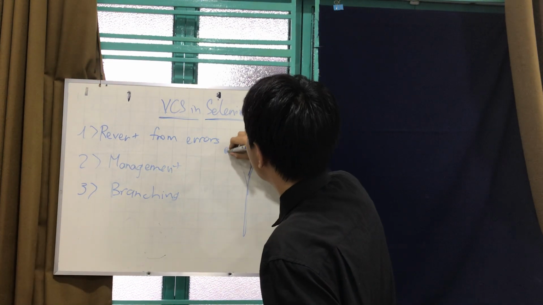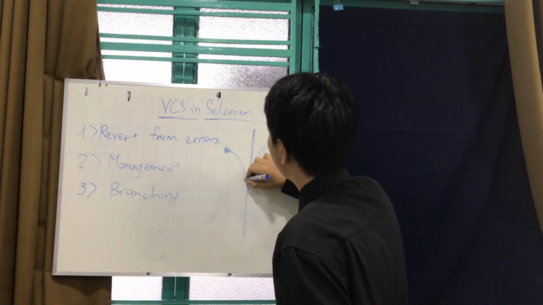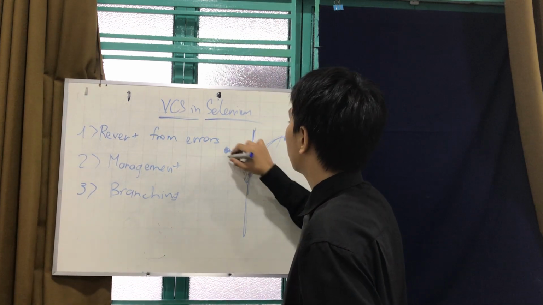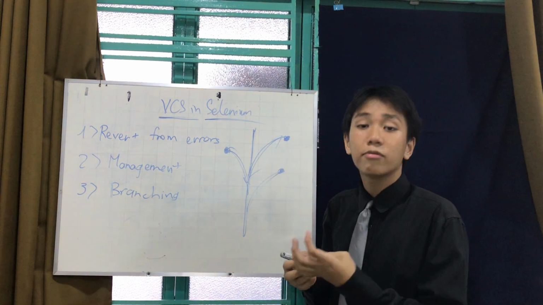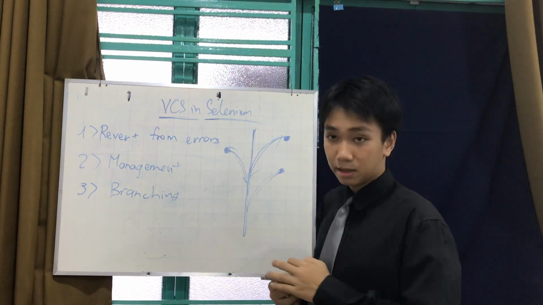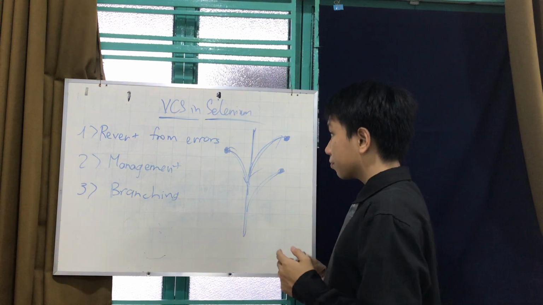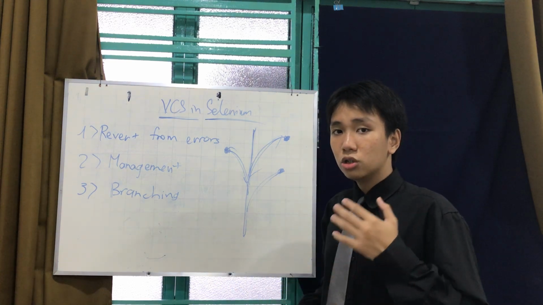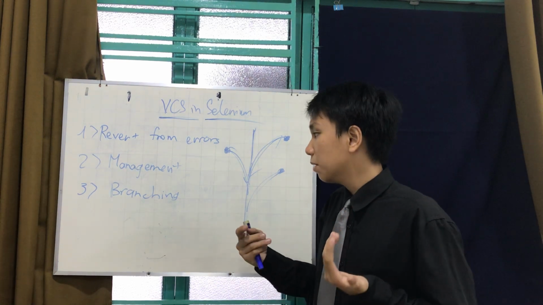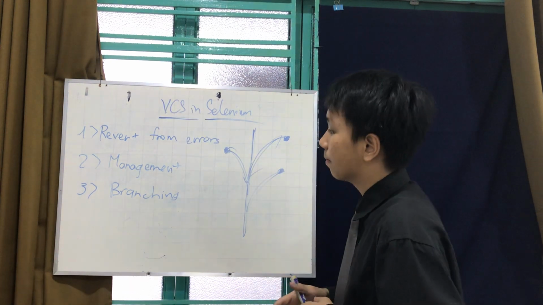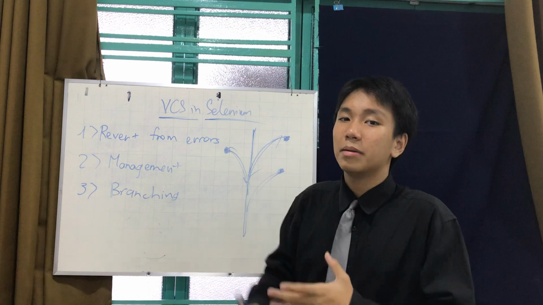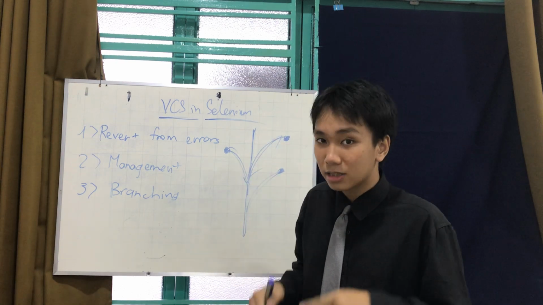So just branch out, and when you're done, revert back to the code, branch out, revert back to code. And so it creates an environment for Selenium users. If you are testing, experimenting without using VCS, without using version control system, then you need to experiment inside the base code.